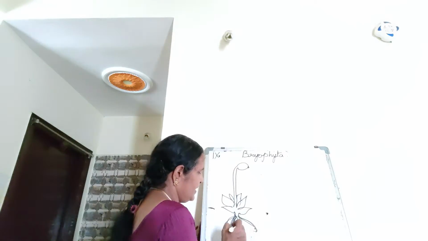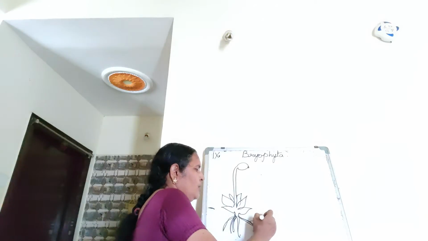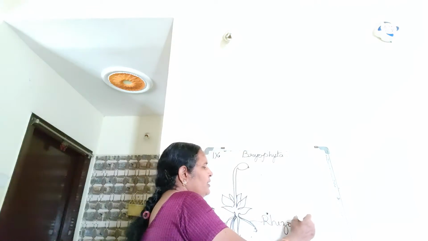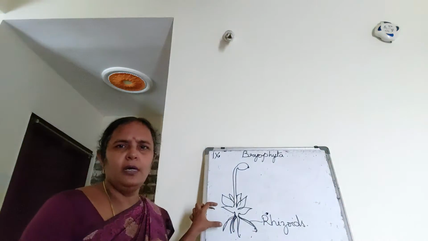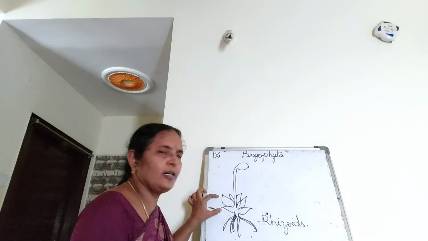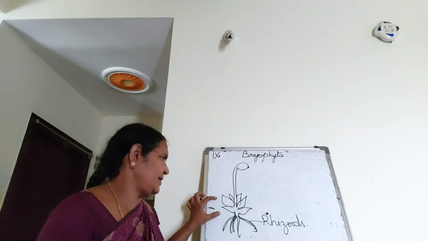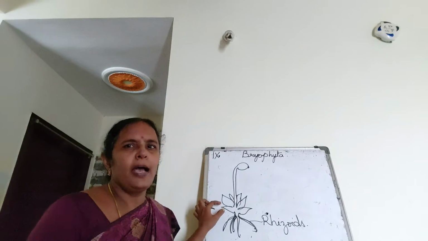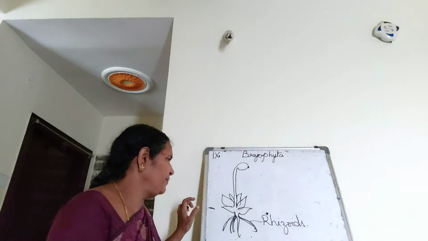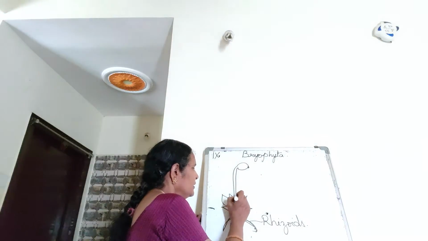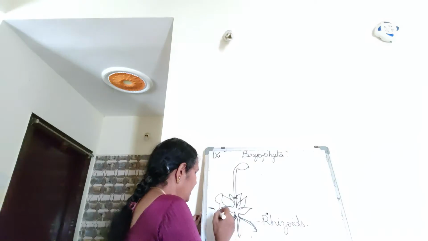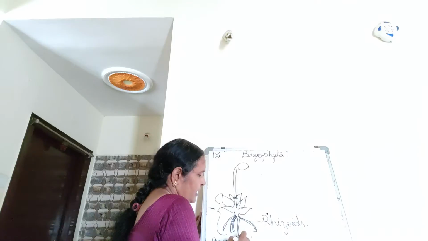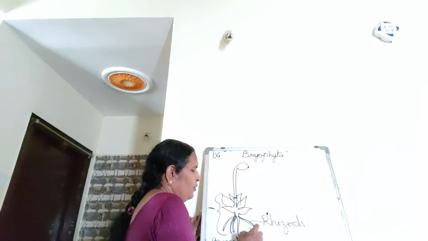These are root-like structures but not roots. These are called rhizoids. These rhizoids hold the plant firmly to the ground, and these are leaf-like structures because they have green colored substance, chlorophyll, and prepare food for the plant. Up to here, this part of the plant is called gametophyte.